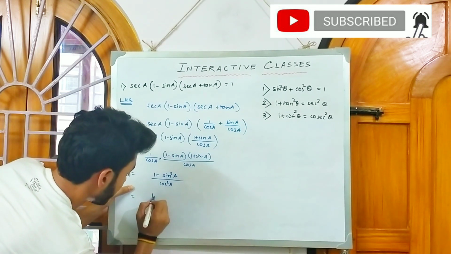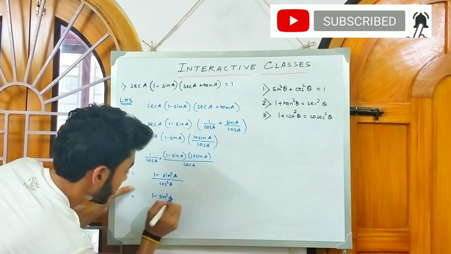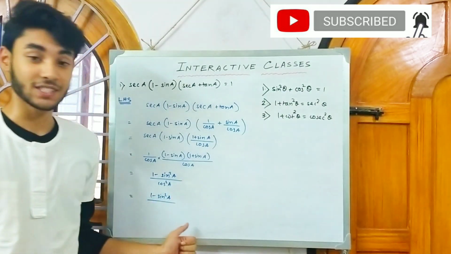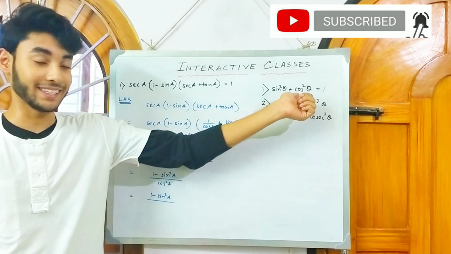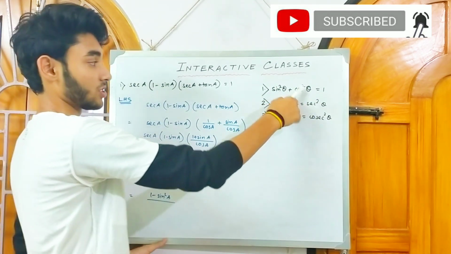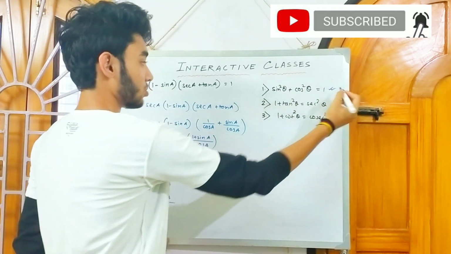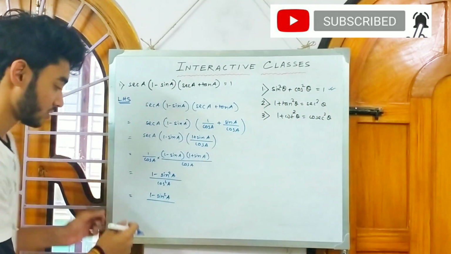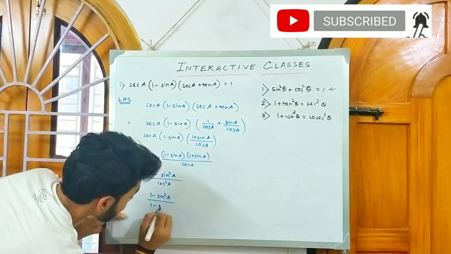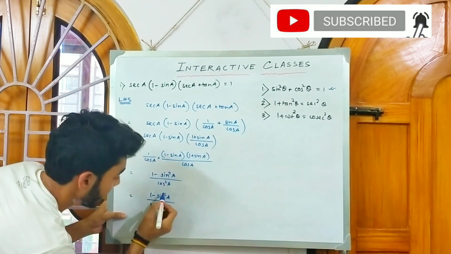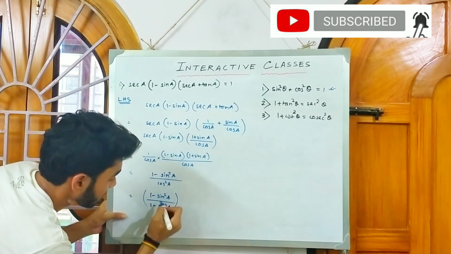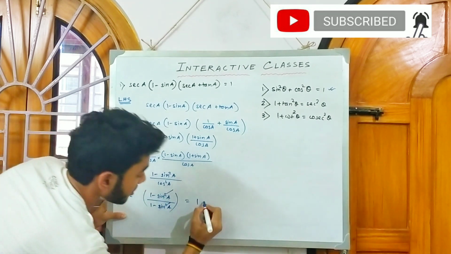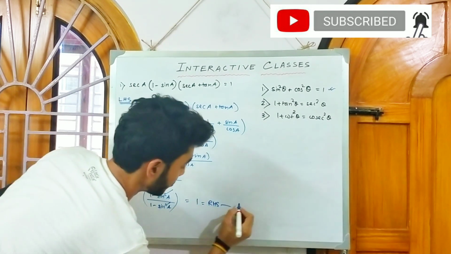Now cos squared a can be written as 1 minus sin squared a by the trigonometric identity sin squared theta plus cos squared theta equals 1. So cos squared theta is 1 minus sin squared theta. So cos squared a is 1 minus sin squared a, and we can eliminate it and we get 1 equals RHS. Proved.